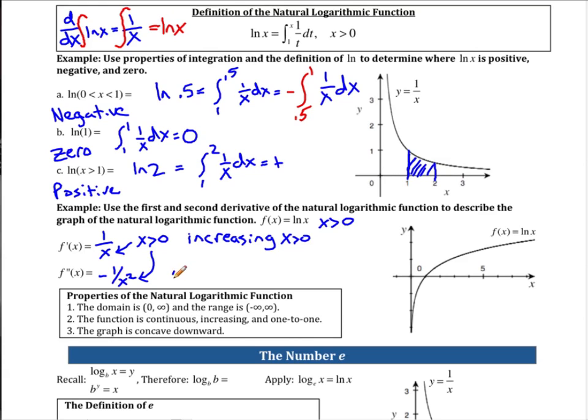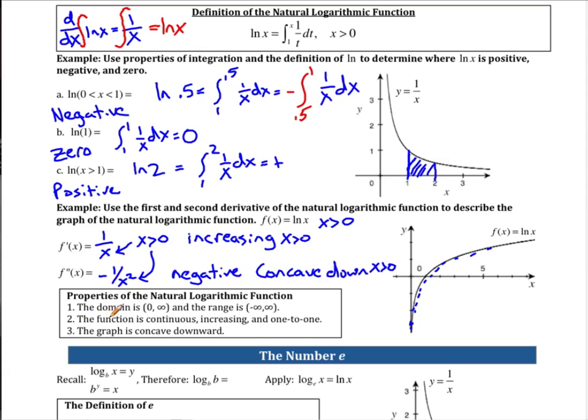So if we use our second derivative test, it's always negative. And so what that means is it's concave down over the whole interval x is greater than 0. Okay, so here you can see that our function is constantly increasing, but that it is concave down.